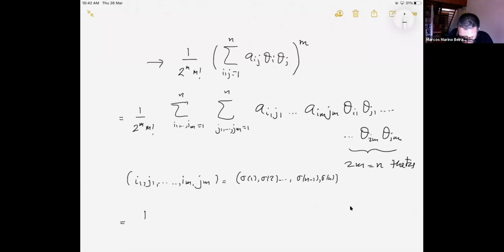So this gives me 1 over 2^m m factorial, and then I will have the sum over permutations in S_n of A_{sigma 1 sigma 2} ... A_{sigma n-1 sigma n}, and then theta 1 ... theta n.